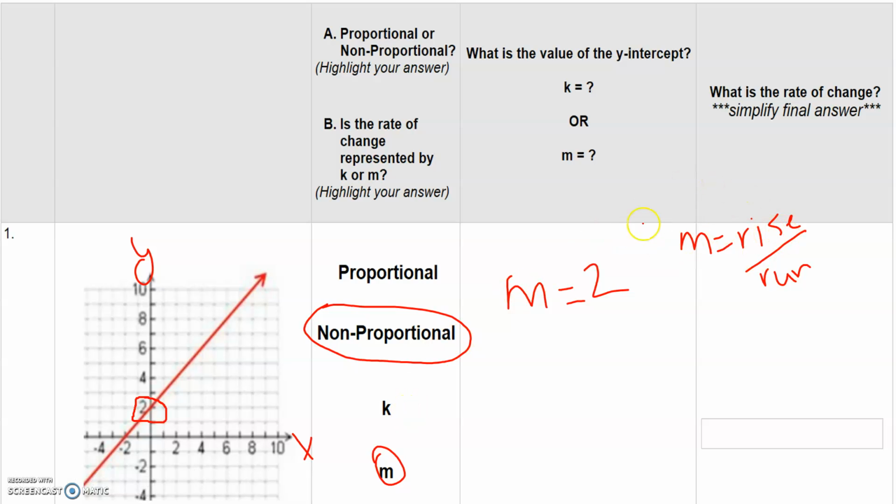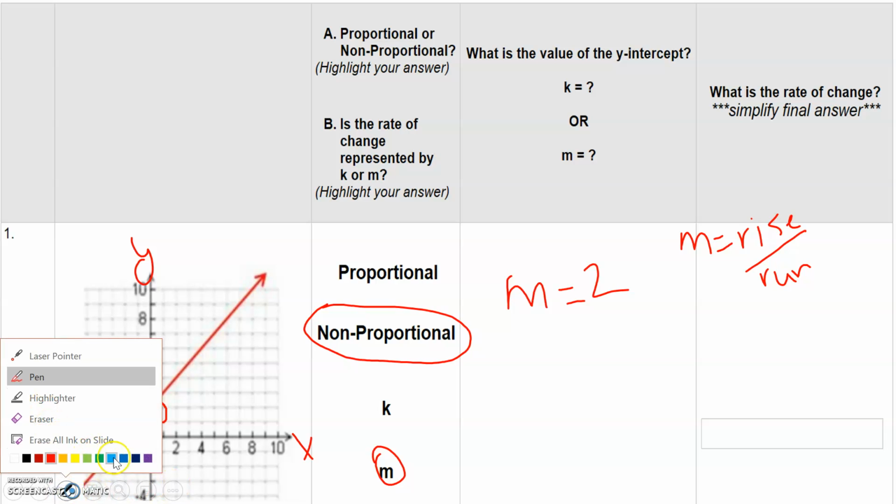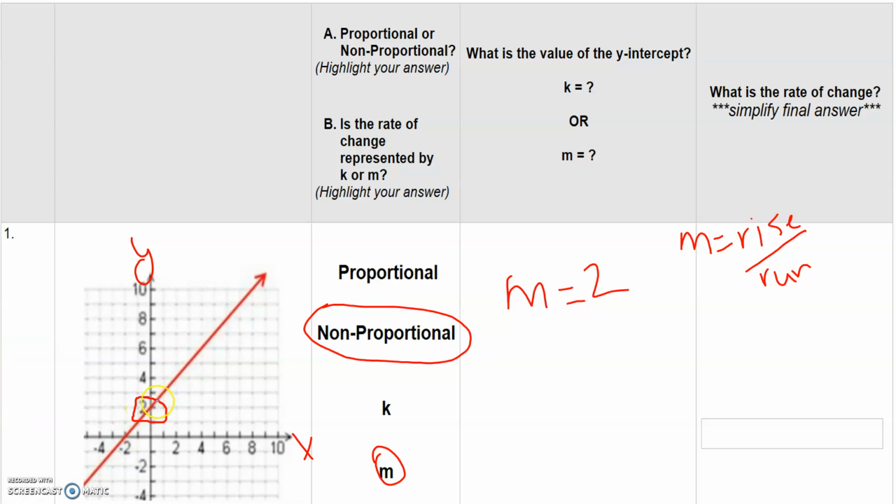The given point that is provided to us is 2. I need to make sure I rise first, then I run. So then I'm going to go to the x-axis at a good point. Since I am going down, 1, 2, that is my rise.